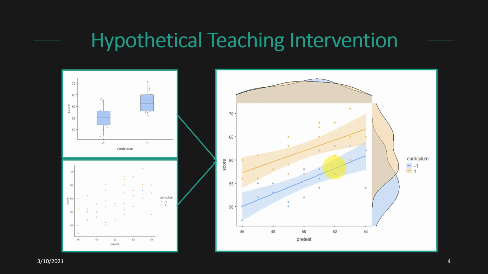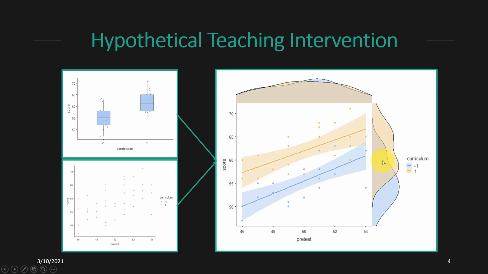And you can think about how we're removing the error here, and we'll get into more detail about it in a second, by comparing the standard error around this regression slope here to the variability in our density plot here. If we're not accounting for pretest, all of the variability within this group that's actually explained by what your pretest score was just gets lumped into the standard deviation, right?